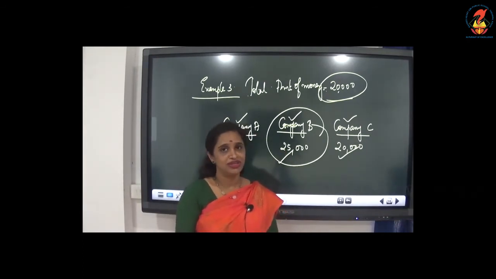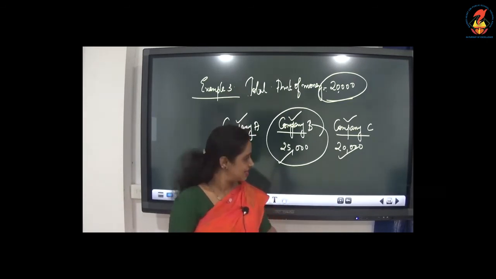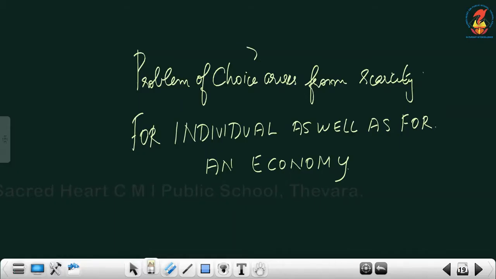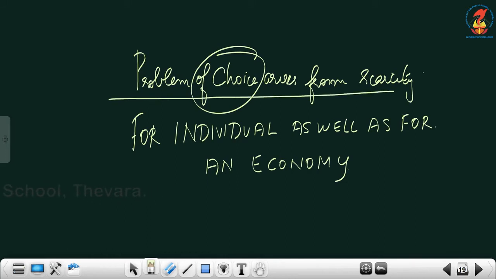So what are you doing here? The shortage of money has forced you to go for a choice. So we can write that in the form of a sentence: problem of choice arises from scarcity.